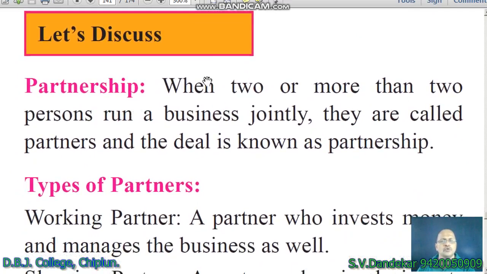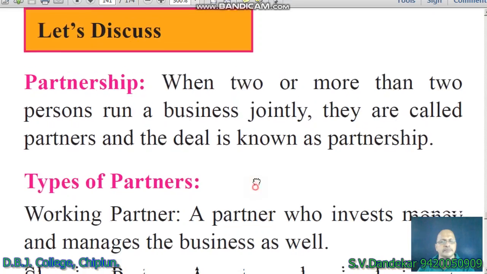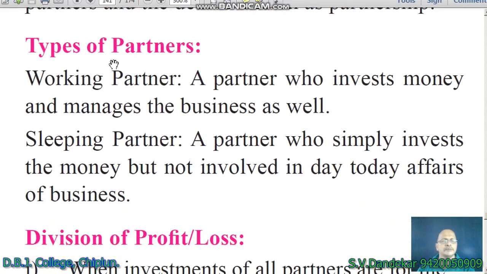When two or more persons run a business jointly, they are called partners, and the deal is known as partnership. The types of partners: a working partner is a partner who invests money and manages the business as well.